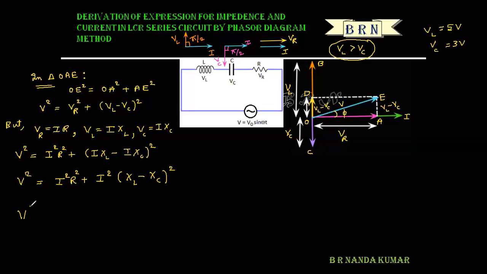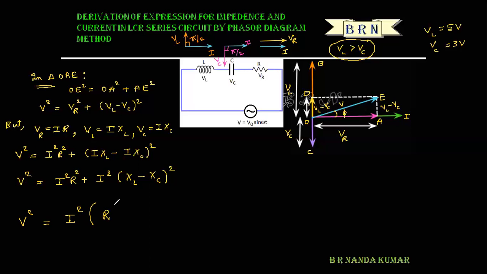So V square is equal to I square R square. Actually, here I square is taken as common.